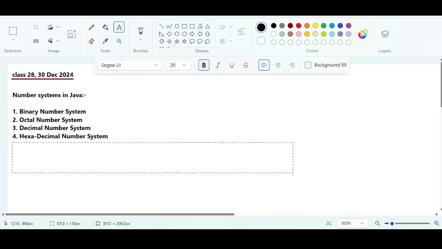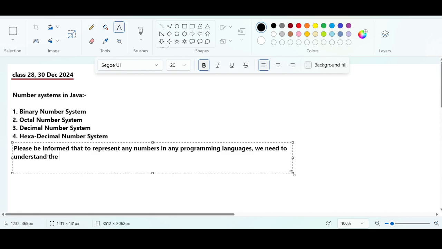Please be informed that to represent any numbers in any programming language, not only Java, we need to understand the above number systems.